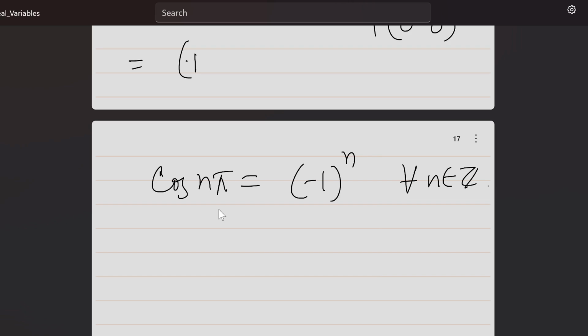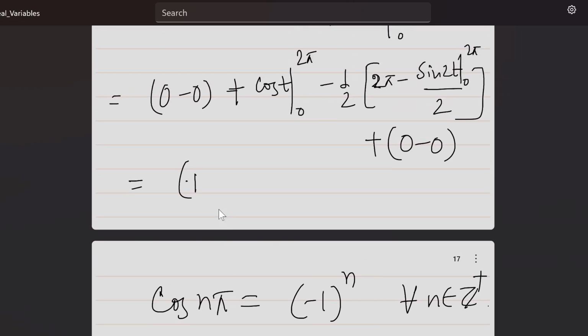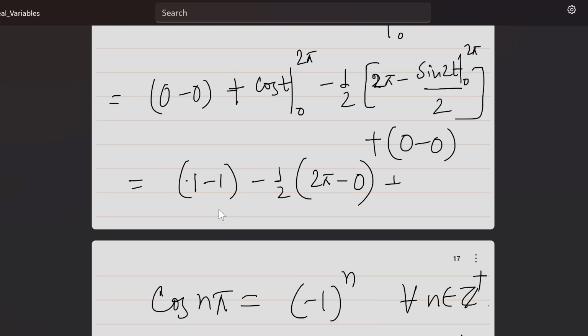So cos of 2 pi is minus 1 whole power 2, that is 1. Correct? You should not forget this. And sin of n pi is 0 for all integers n. So it is 1 minus 1. Cos of 0 is 1, 2 pi minus sin of everything is 0.